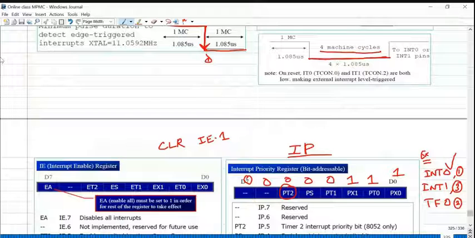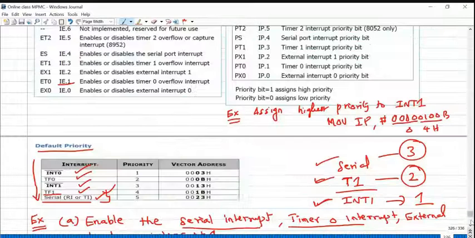So that's all about interrupts in the 8051 microcontroller. Any doubt, you can ask me. In tomorrow's class, in the first or second hour, we will discuss programming using interrupts, particularly external interrupts.